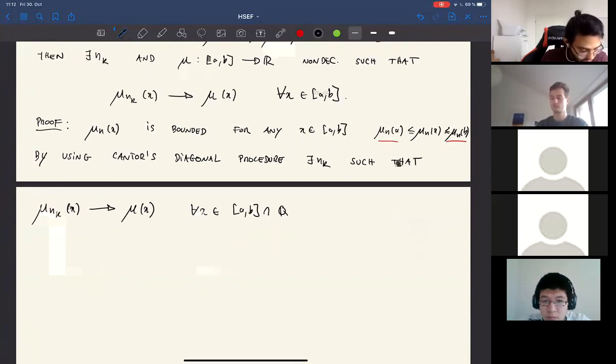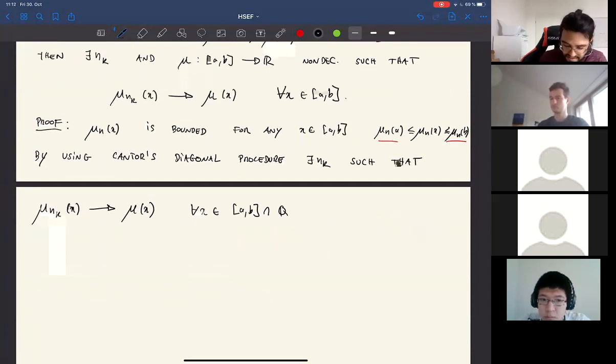Great. So what you can do is extend this function mu, I keep saying measure, to all the other points in the interval AB as you like.